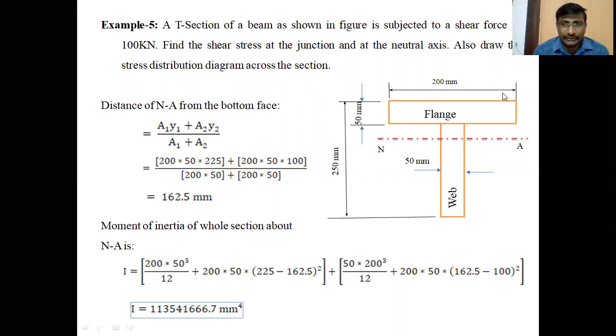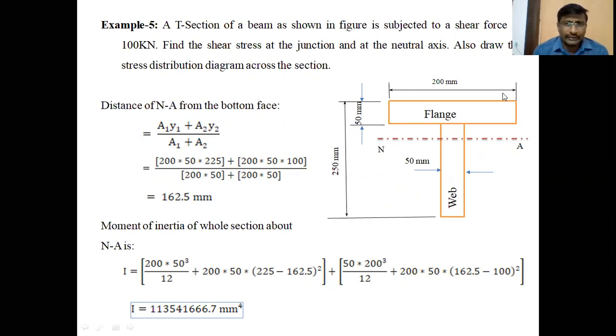You should locate the neutral axis first. After locating the neutral axis, you should calculate the moment of inertia about the neutral axis. And after calculating it, then you can proceed to find the shear stress values at different locations by applying the formula tau equals F A y bar by B into I.